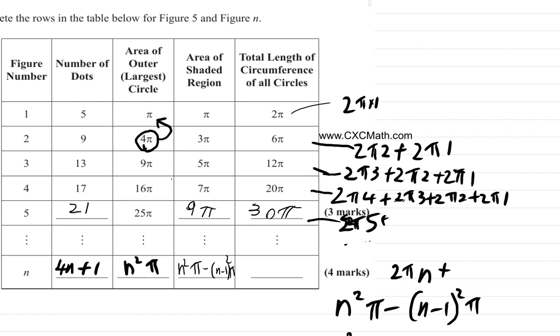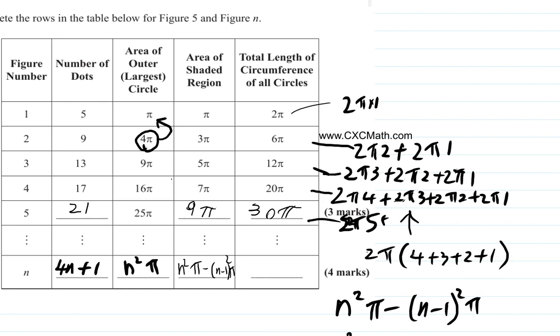Here now. Could you factor out the 2 pi and see if that would help? If you do that, for example, with this one here, you'd have 2 pi, and you have 4 plus 3 plus 2 plus 1. But then, what would happen?